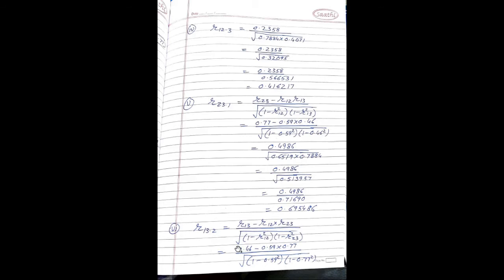Now the last part of the problem, small r 13.2, which is equal to r13 minus r12 into r23 divided by square root of 1 minus r square 12 into 1 minus r square 23. Replace the values. So r 13.2 is equal to 0.46 minus 0.59 into 0.77 divided by square root of 1 minus 0.59 square into 1 minus 0.77 square.